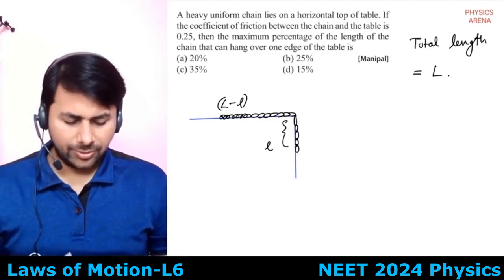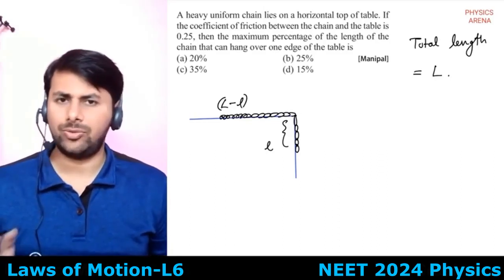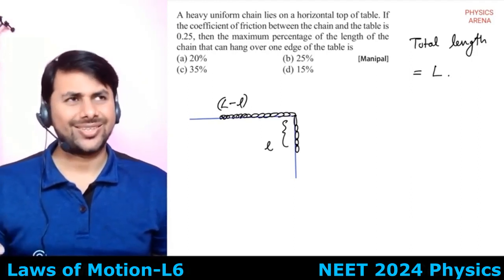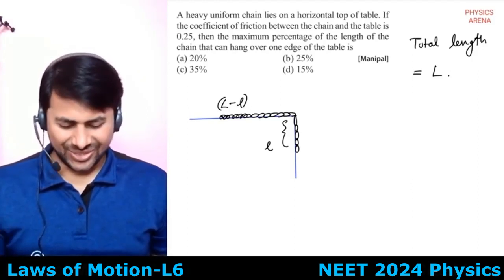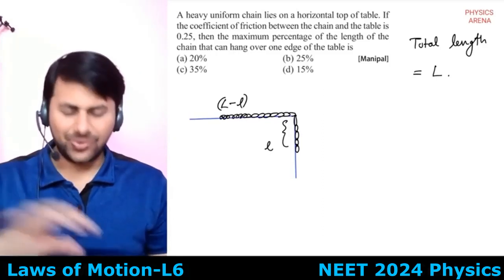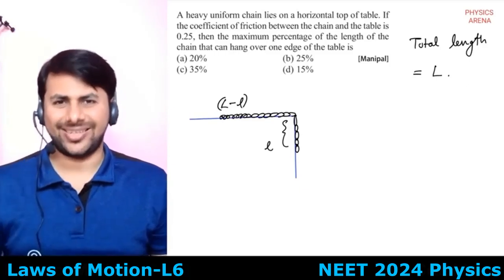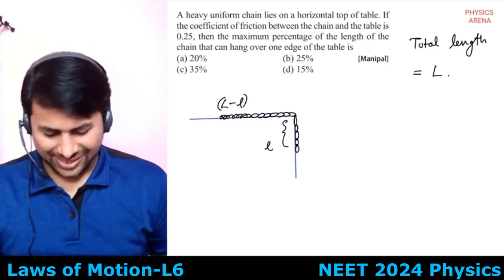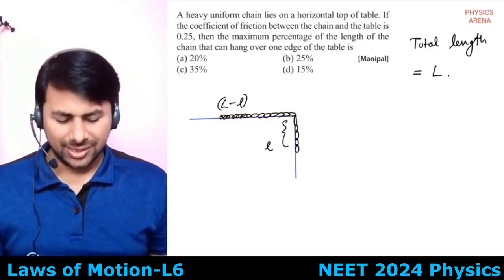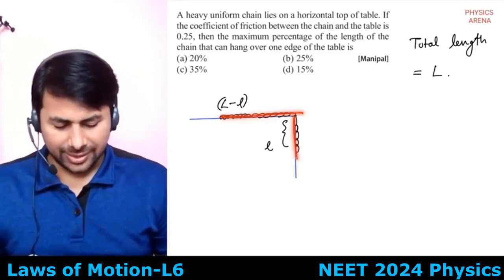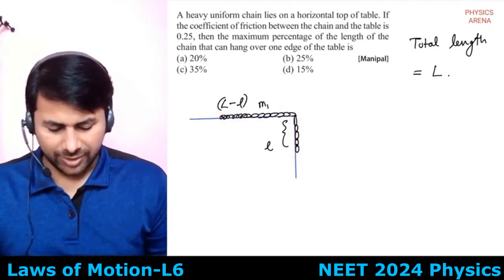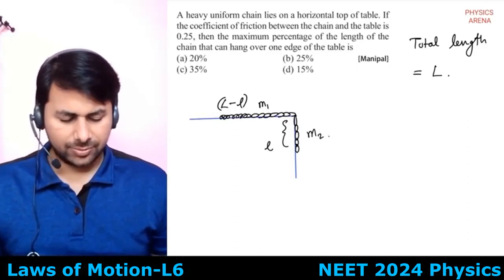Now the mass of the chain is uniformly distributed all over the length. So I can compare these two masses. Let's suppose this mass is m1 and this mass is m2.